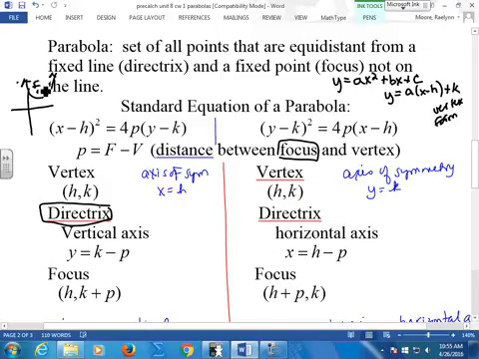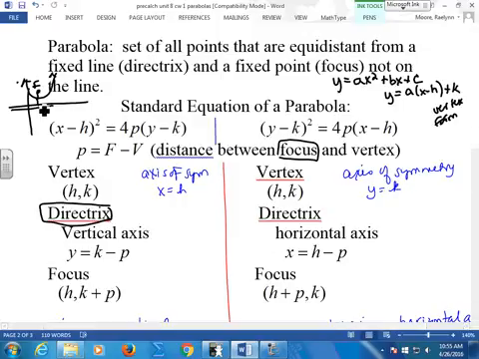It's going to be on the same vertical line, or horizontal if it opens sideways, as your vertex. A directrix is a line that is also equidistant from that vertex, but it's outside your parabola. It's not going to cross through your parabola.